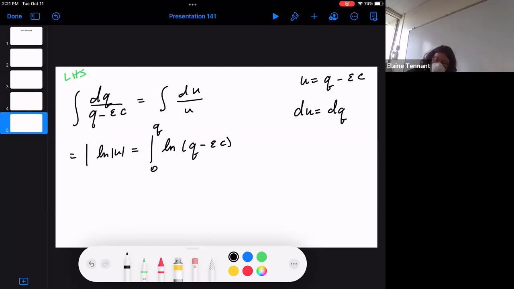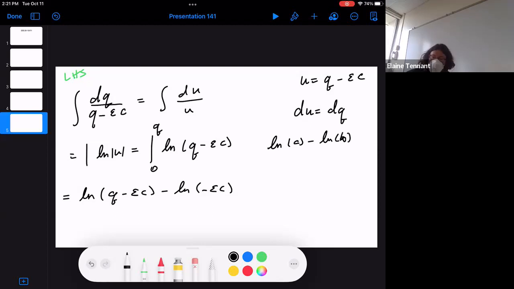Okie dokie. Plugging these in, I get the natural log of q minus battery times capacitance, minus the natural log of 0 minus EC. So that's just negative EC. And you should be looking at this and you should be saying, I feel like there's an identity.